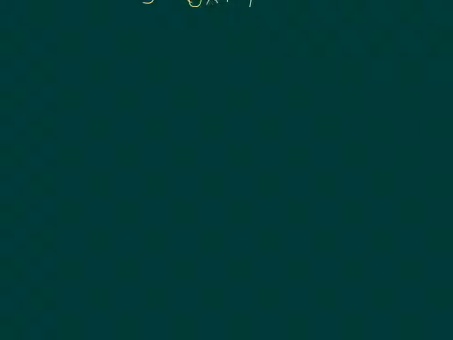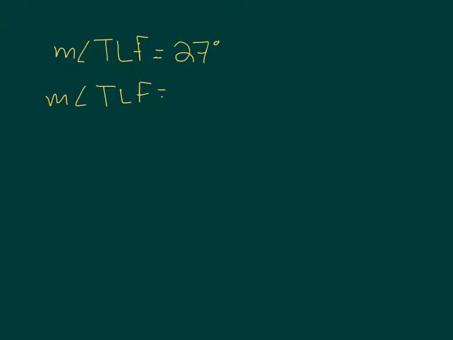Let's look at question 17. Now for question 17, we are given the measure of angle TLF is 27 degrees. So there we have a number. And we also know the measure of angle TLF is x squared minus 6x.